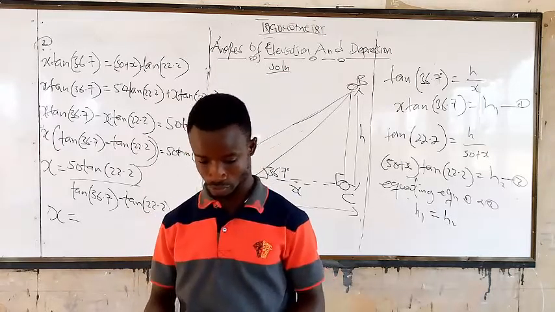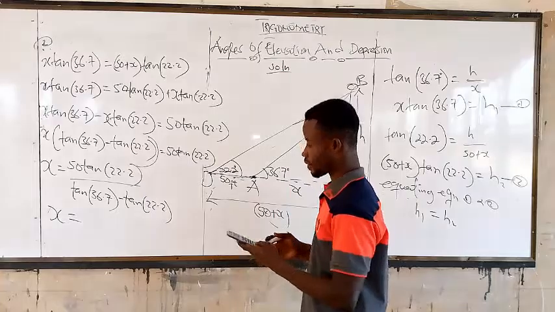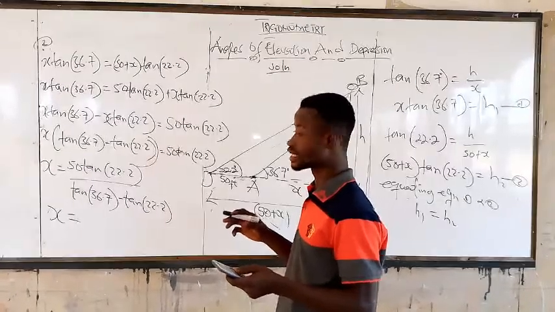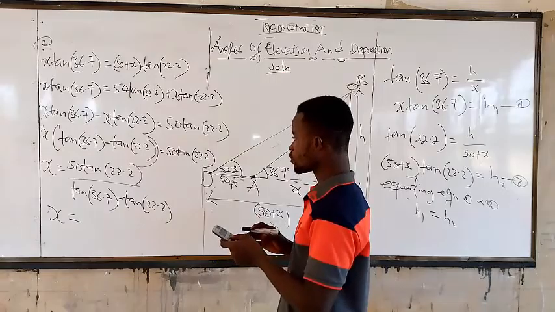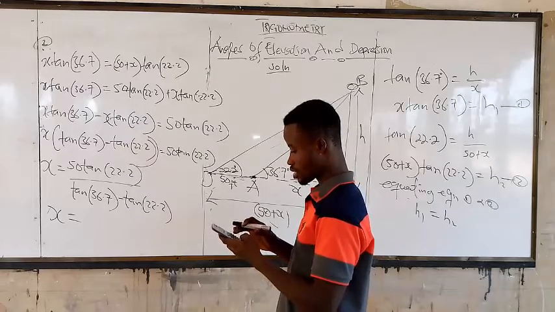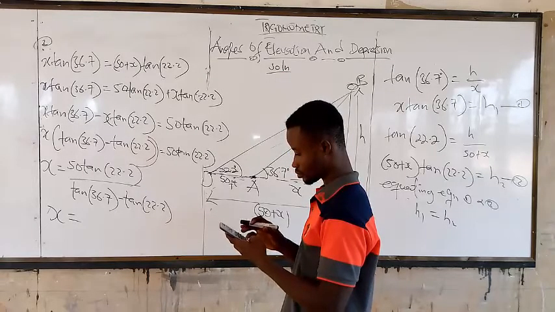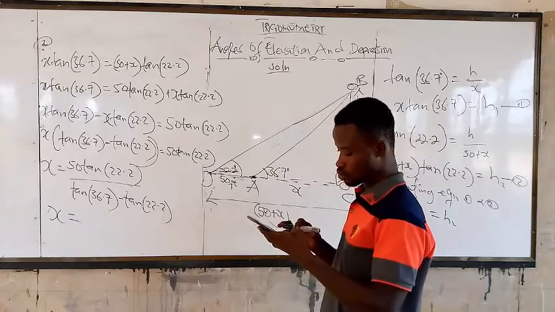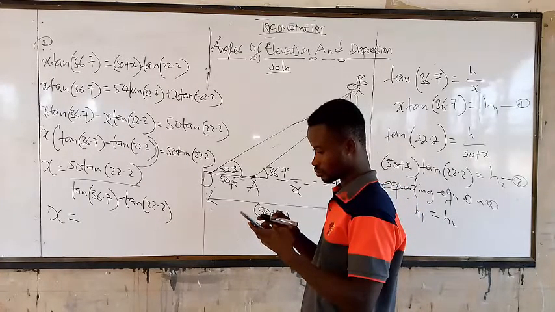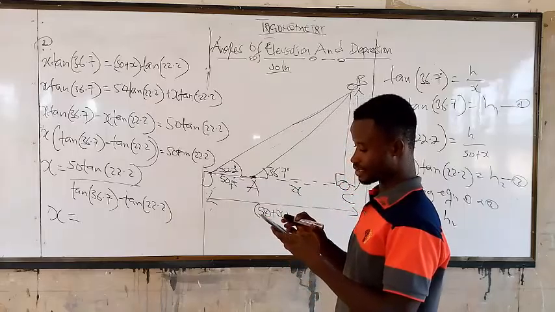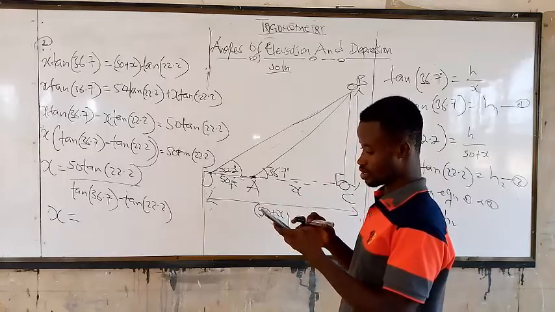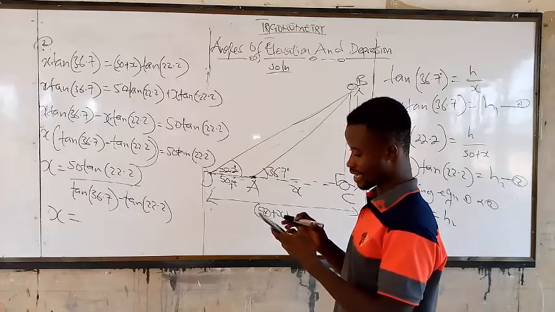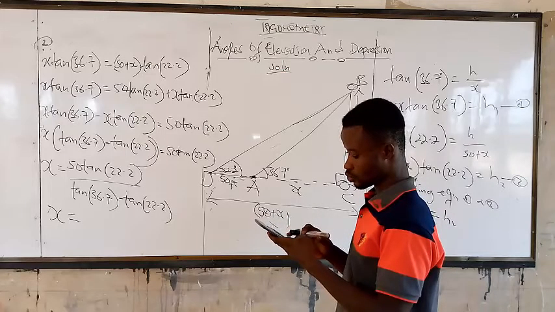Alright. So we take our calculator. Make sure you are in degree mode. Degree. 50 times tan 22.2, then tan 36.7 minus tan 22.2.